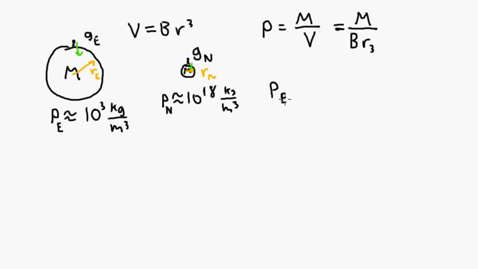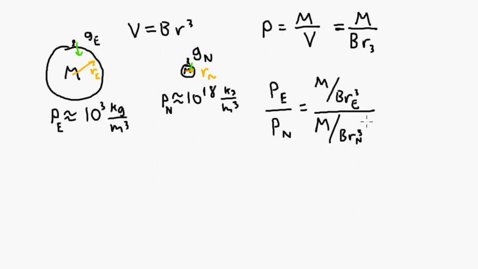Okay, so let's make a little ratio here and say density of Earth divided by density of neutronium is going to be equal to, and then we just plug these fractions in. So this is going to be M over B radius of the Earth cubed over M over B radius of neutronium Earth cubed. Okay, I'm calling it neutronium Earth. Now you've got all this in place.